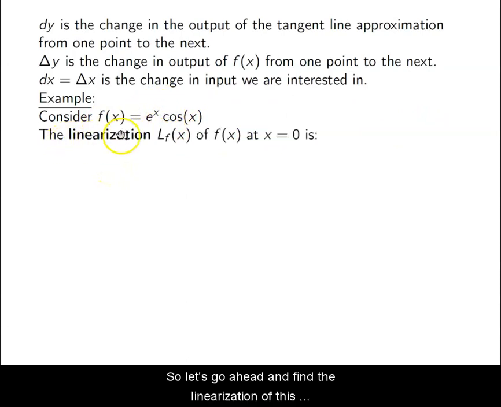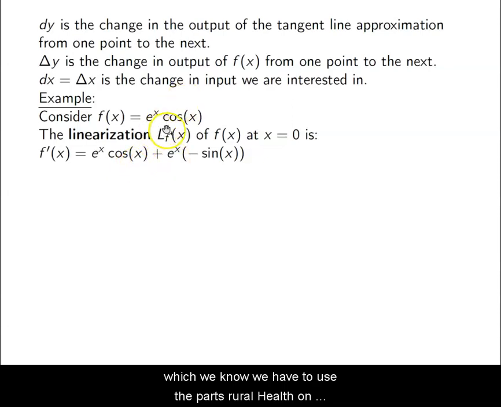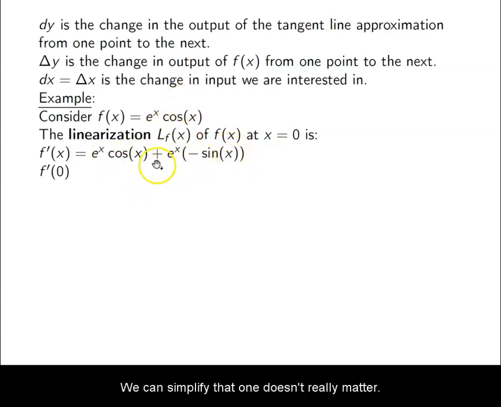So let's go ahead and find the linearization of this function at x equals 0. I have to first find the derivative, which we know requires the product rule. So I'm going to have e to the x cosine of x plus e to the x times negative sine x. We can simplify it if we want, but it doesn't really matter because we're not going to use it a lot.